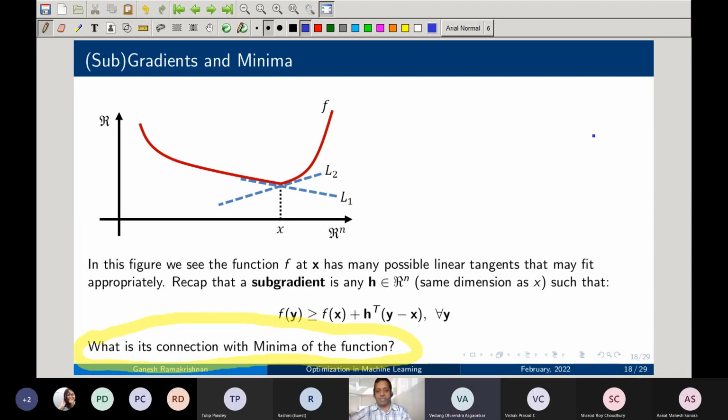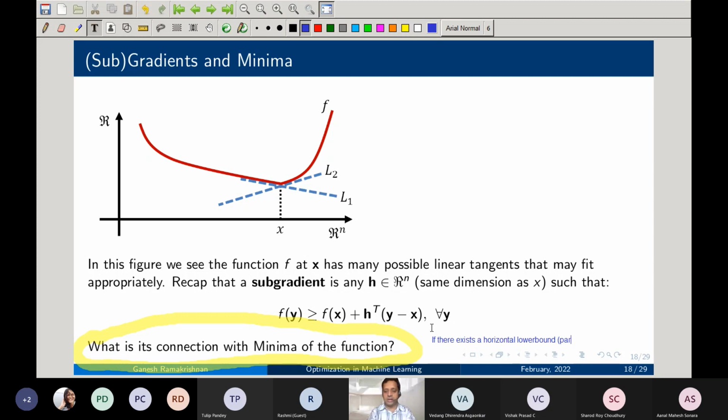If the set of subgradients has the horizontal subgradient as well, then it is a point of minima. If there exists a horizontal one. Now, when you say horizontal, it is in this function view, right? Yeah, as in the graph right now, parallel to the x-axis.